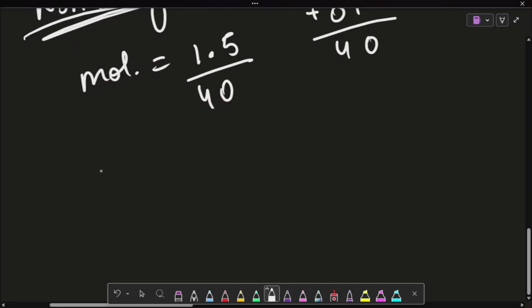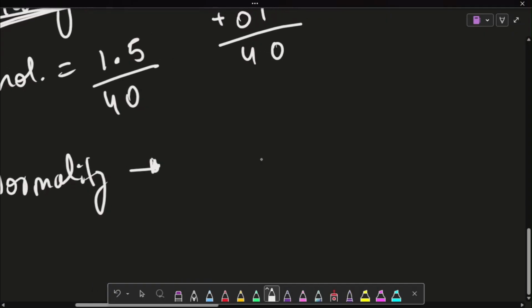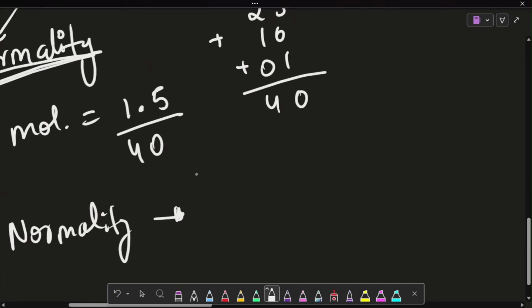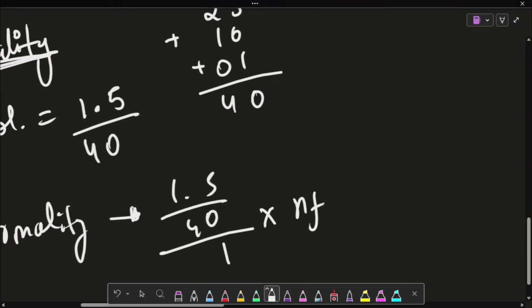Alright, so that would be the number of moles. Now coming to the normality, number of moles divided by volume. Volume was 1 liter. 1.5 by 40 divided by 1 times n factor.